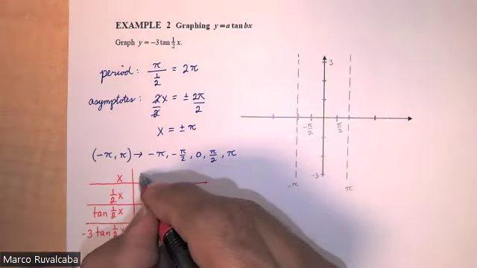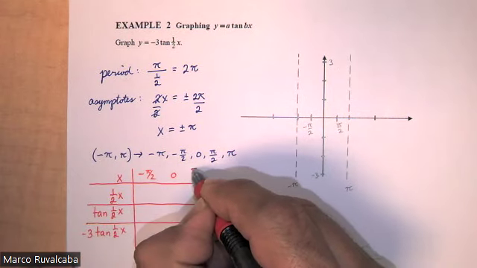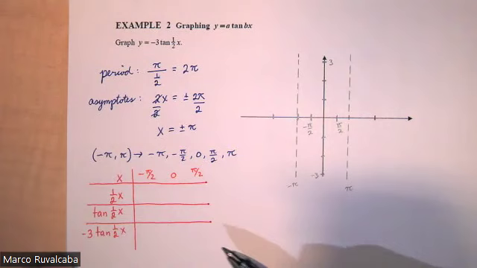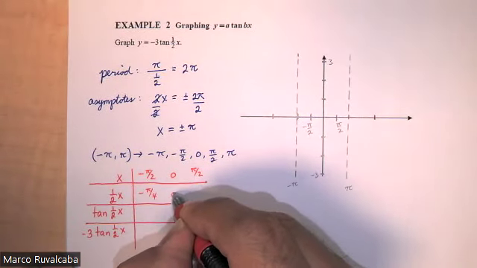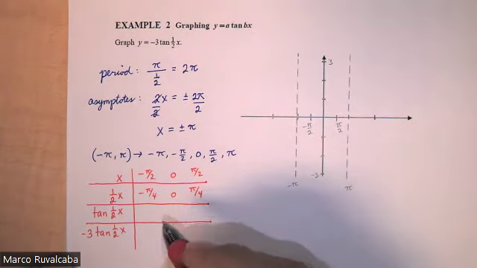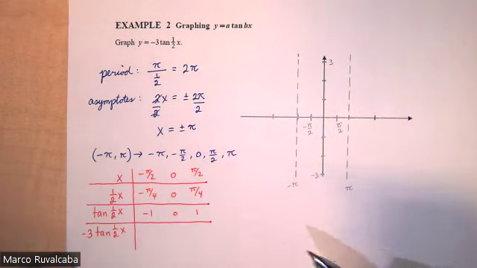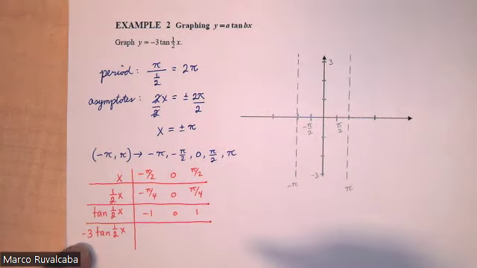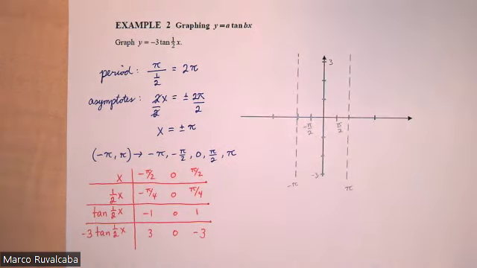Okay, so the three values are negative pi halves, 0, and pi halves. And then you get half of that, so that's negative pi fourths, 0, and positive pi fourths. And then you take the tangent of those, and that would be -1, 0, 1. And then finally you multiply it by -3. So that'll be 3, 0, and -3.